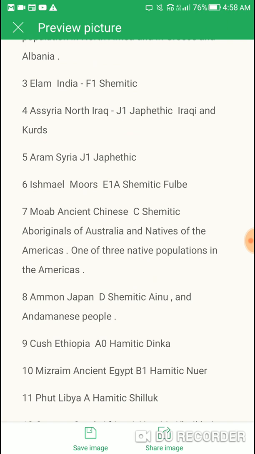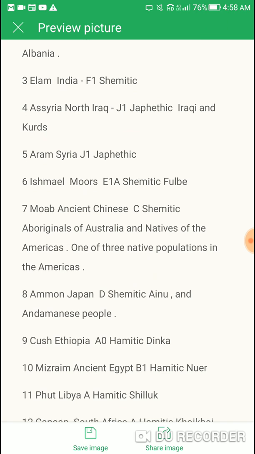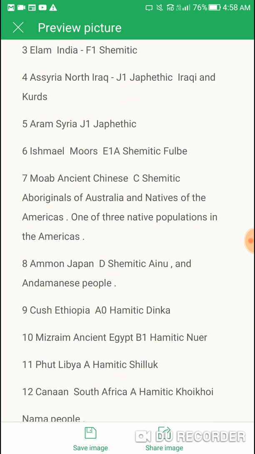And then Elam, the Assyrian, because a lot of these people are just the same groups of Caucasian people right here at this point.